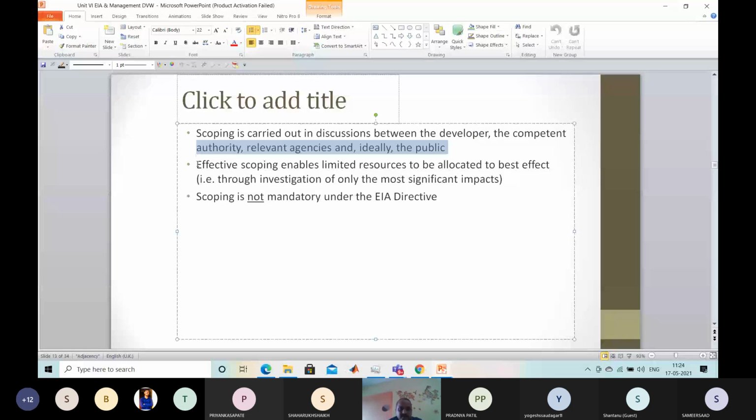Effective scoping enables limited resources to be allocated to the best effect. So effective scoping decides whether the resources that are there are going to be effectively utilized or not. Scoping is not mandatory under the EA directives, but these are the general steps you need to follow for getting the actual workout of the EIA.